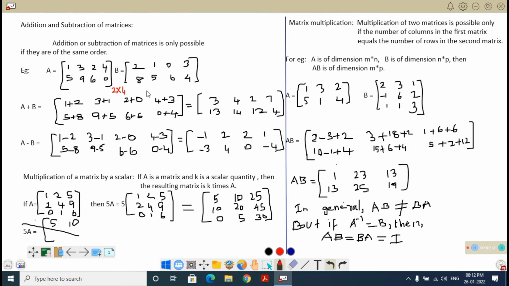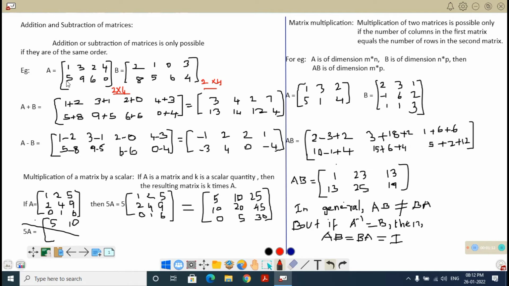So this A is 2 by 4, and coming to the matrix B, we have 2, 1, 0, 3, 8, 5. Here also we have 2 rows and 4 columns, so it is a 2 by 4 matrix. So the dimensions are the same, so we can add or subtract these two matrices.